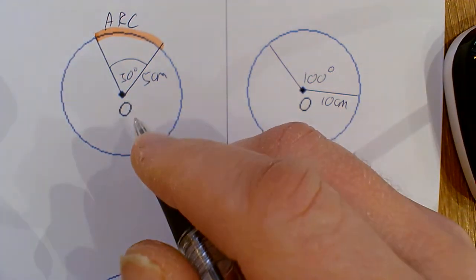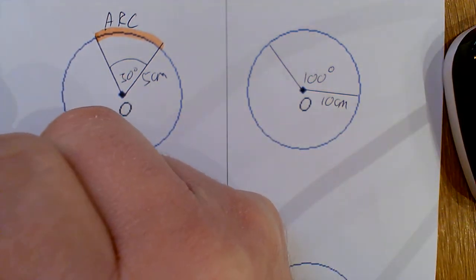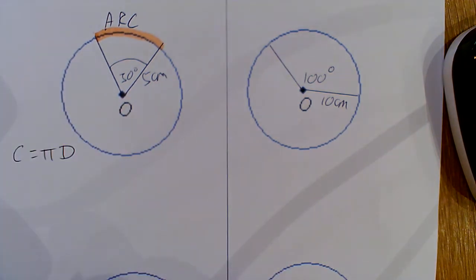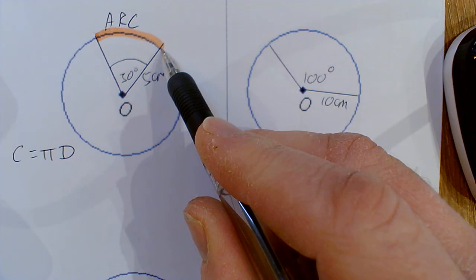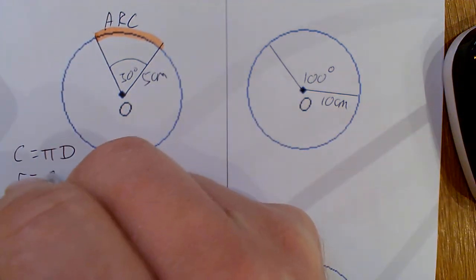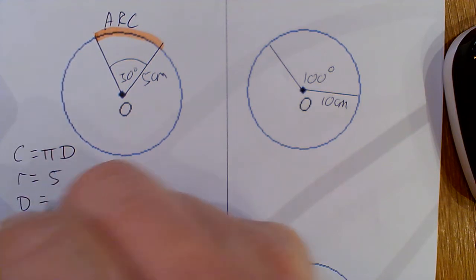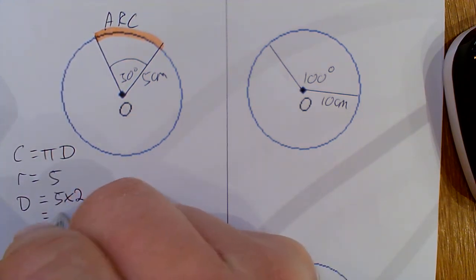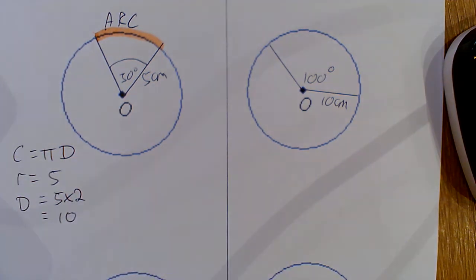Now, I hope you remember that the circumference of a circle is pi times the diameter. Here, I'm not told the diameter, I'm told the radius. So I know the radius is 5. But if I know the radius, I also know that the diameter is just double the radius. And so I know the diameter is 10.